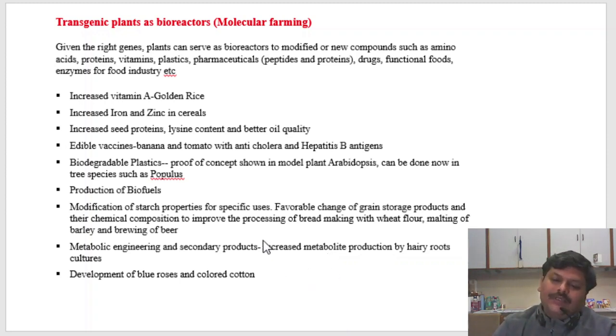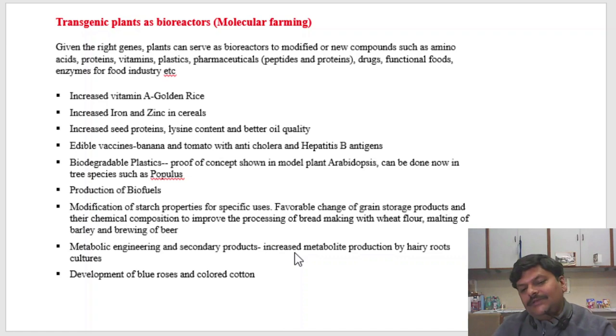And another very classical example which is very useful as far as our environment is concerned is the production of colored cotton or colored roses which are not of conventional color, say for example blue rose. Cotton is used worldwide for production of fabrics, but at the same time, to make colors in those fabrics we need to use harmful, polluting dyes which otherwise pollute our water sources or our soils, and which remain in the environment for many years.